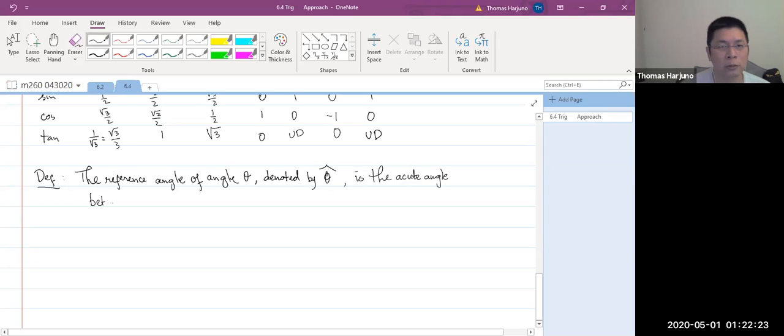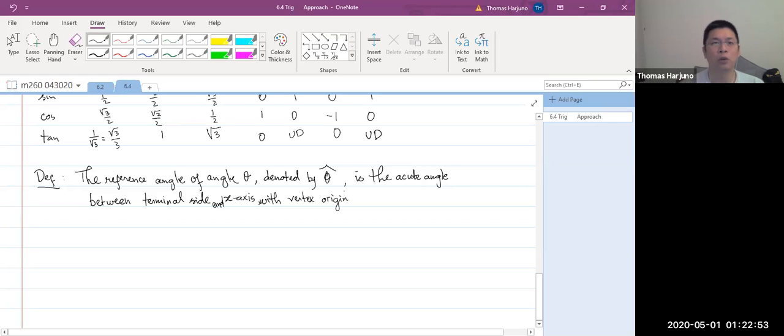between the terminal side and the x-axis, with vertex at the origin, with vertex 0, 0.